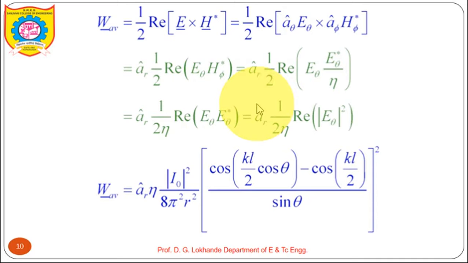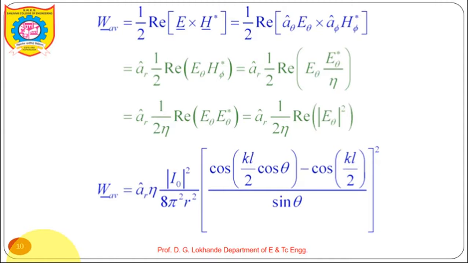Finally the equation is modified as a_r times 1/(2 eta) times the real part of |E theta| squared. In total, we get a_r eta I0 squared upon 8 pi squared r squared times the whole square of [cos(kL/2 cos theta) - cos(kL/2)]/sin theta.